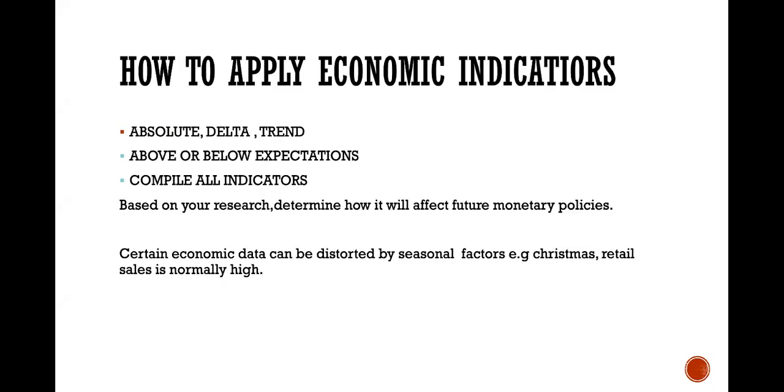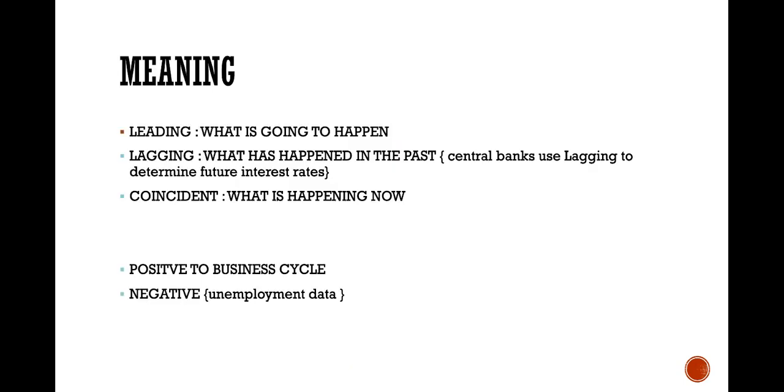Yeah, so how to apply some of your indicators. I think this is where we will stop today before we move to the economic cycle in the next class. So you have your absolute, your delta, and your trend. Your absolute data is the numbers, the delta is the percentages, and the trending indicators are like the impact, the strength of it.